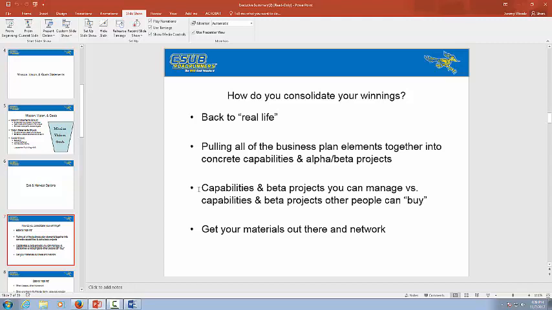When the semester ends, everybody here goes back to real life. You're not in the class anymore. You're not necessarily working on the project anymore. But you want to be able to keep the venture going for the future after you're done with the class. So you want to pull all of the business plan elements together into concrete capabilities and alpha and beta projects.